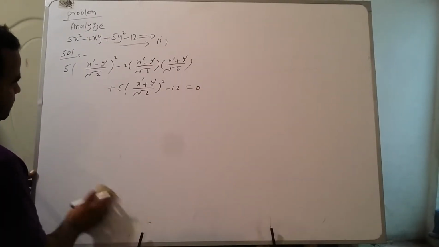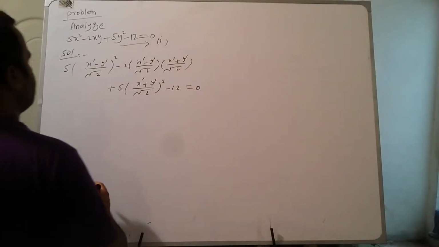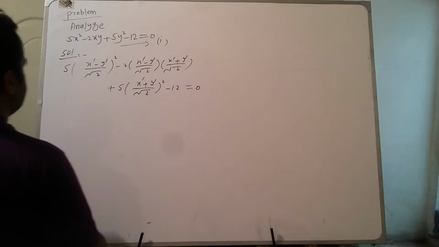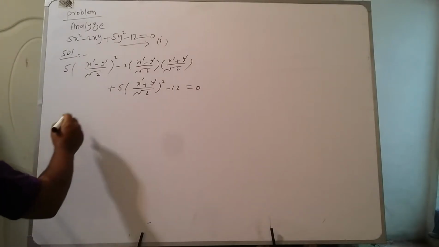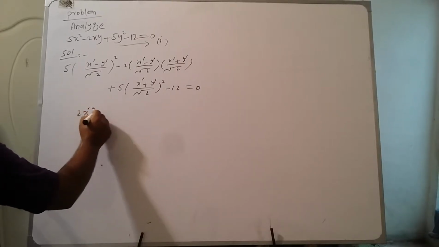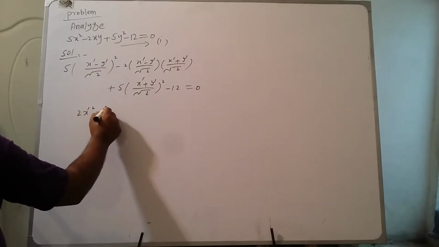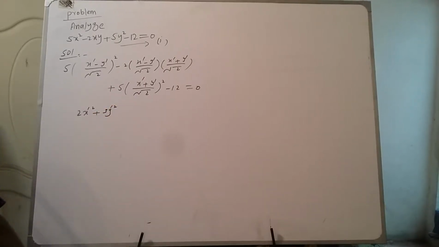Now simplifying this, what do we get? We get 2x dash square plus 3y dash square is equal to 6.